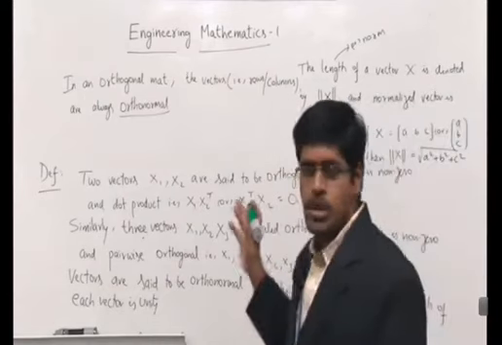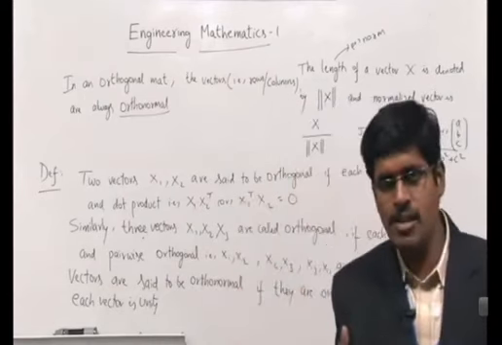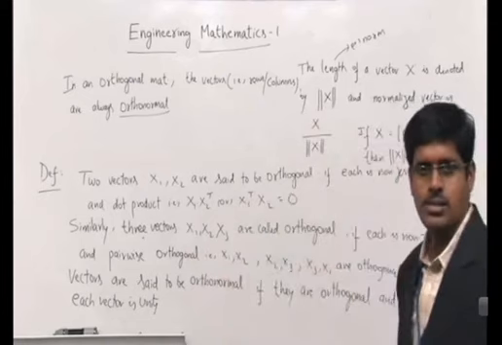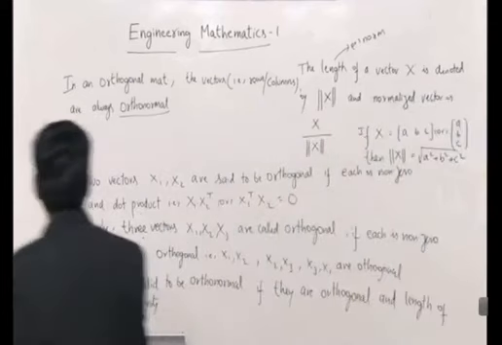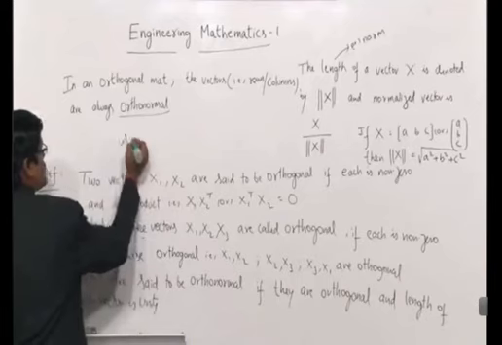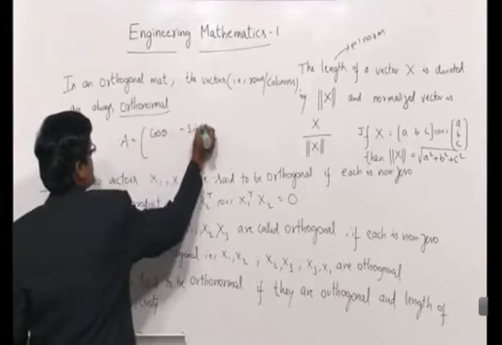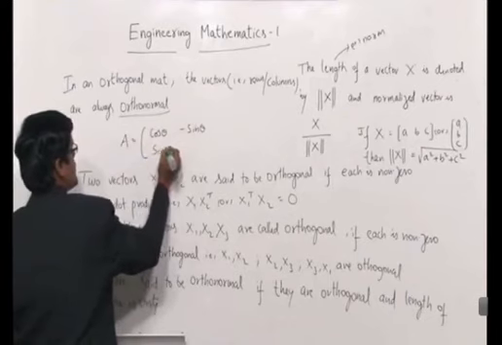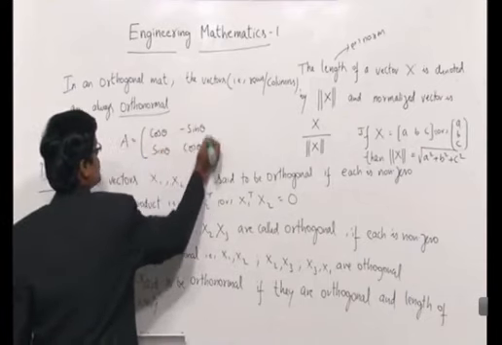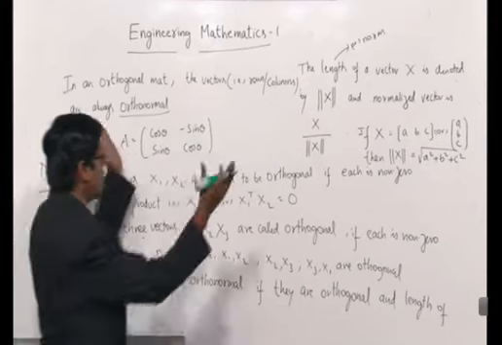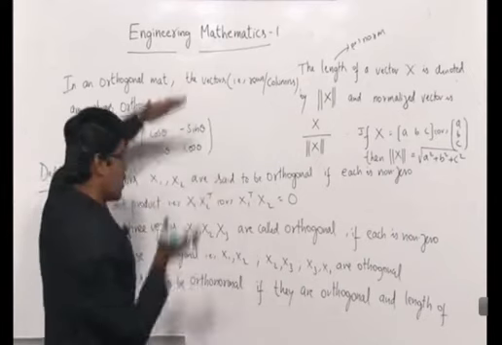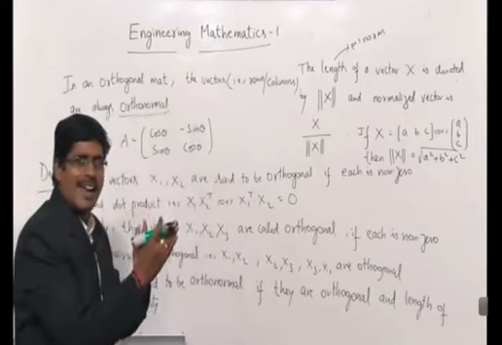For 2 to 3 problems we have done, and standard orthogonal matrix I have given. Check these things, correct or not. The well-known 2 by 2 orthogonal matrix I have given: cos theta, minus sin theta, sin theta, cos theta. Only 2 rows, 2 columns. How to find the dot product of 2 columns or 2 rows? Correspondingly multiply and then add.